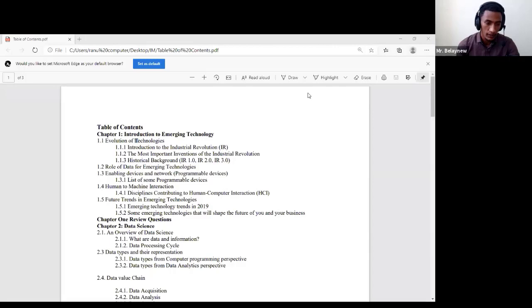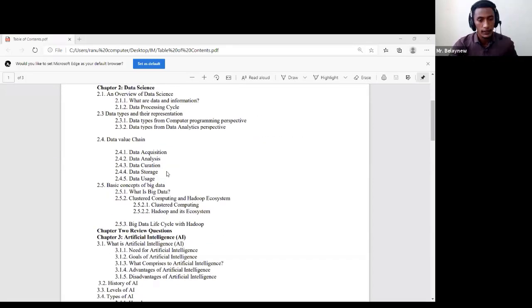Also, we will see the data value chain, or different phases of data processing like data acquisition, analysis, usage, storage, and so on. So we will see different value chains in chapter 2.